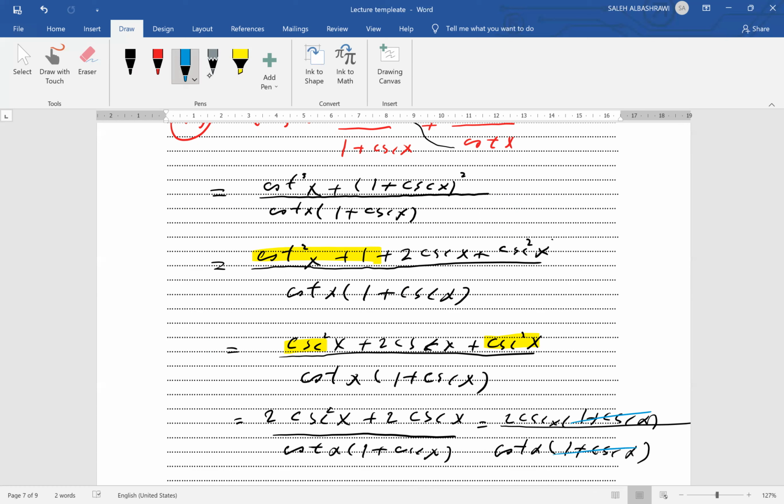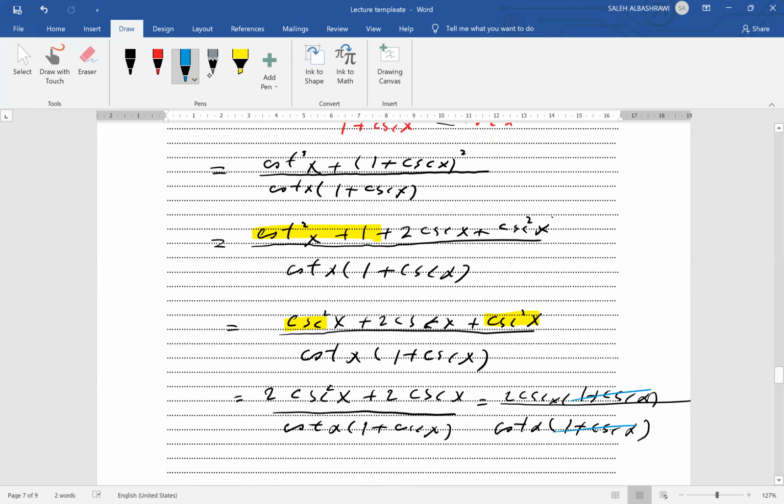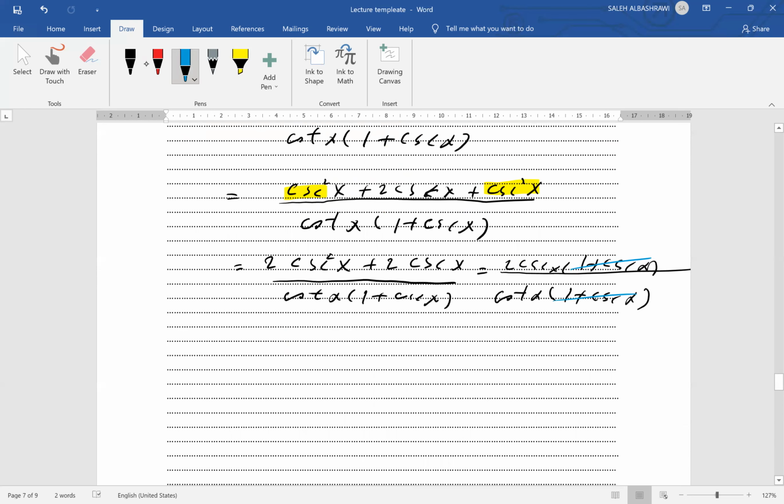So I have 2 cosecant of x divided by cotangent. This is 2 cosecant of x divided by cotangent. It means I can write it as 1 over cotan, which is equal to tangent. So this is 2 multiplied by 1 over sine multiplied by 1 over cotangent, that will be sine over cosine.